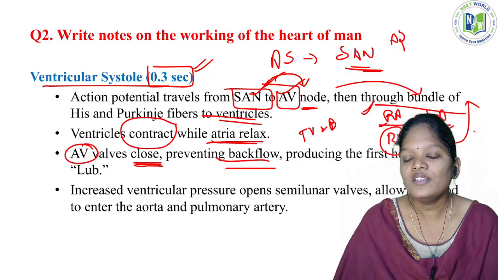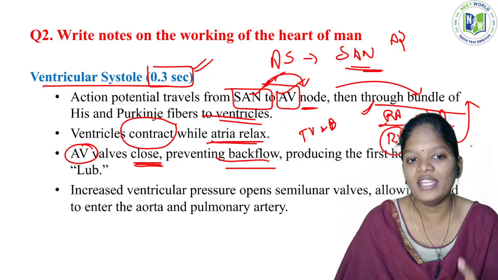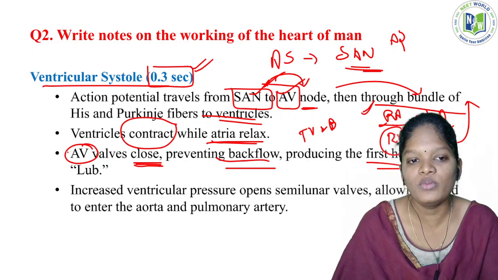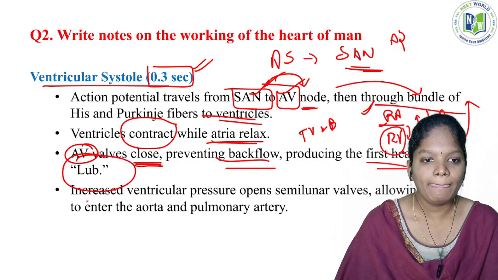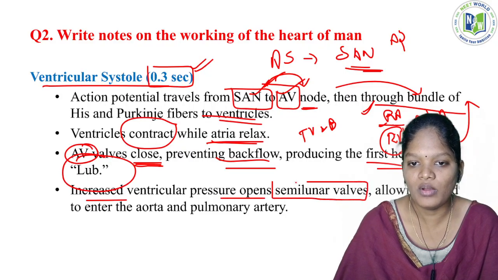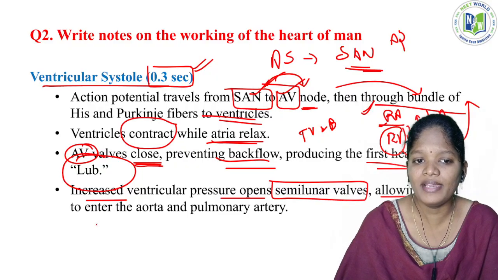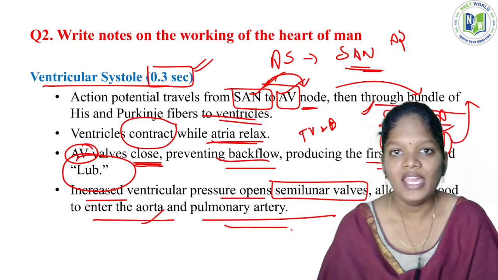As a result of the closure of these two valves, they create a sound that is considered the first heart sound, which is called lub. Now, increased ventricular pressure opens the semilunar valves, allowing the blood to enter the aorta and the pulmonary artery.